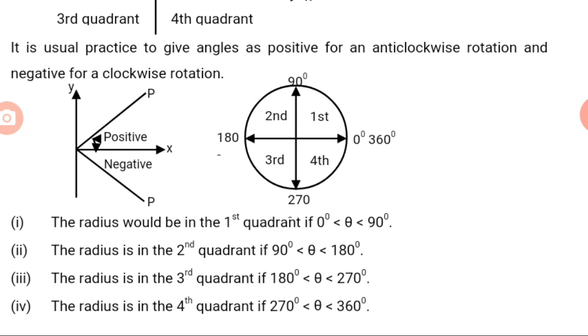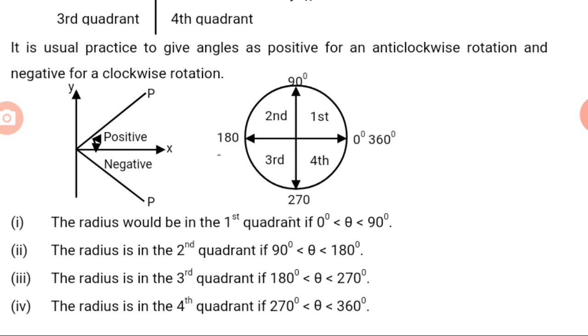The radius is in the second quadrant if 90 degrees is less than theta and theta is less than 180 degrees. Is that clear?